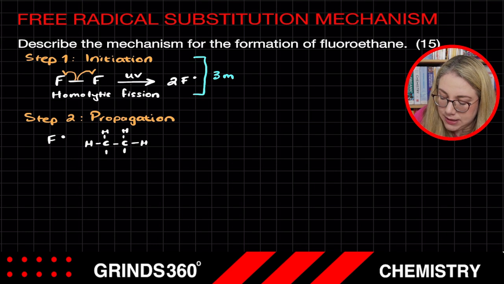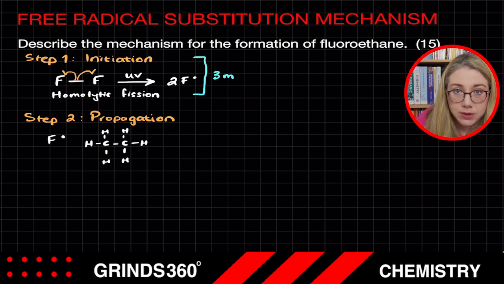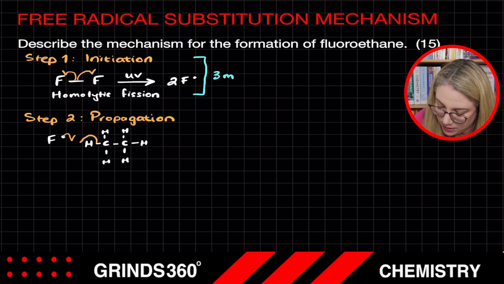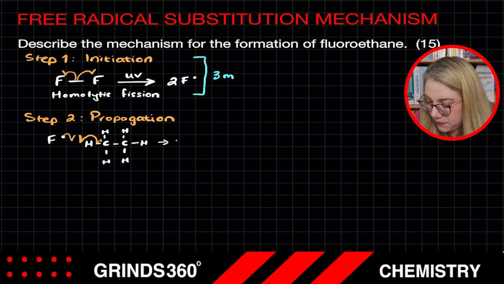Now here, it doesn't matter which hydrogen you pick. You can pick any of the hydrogens, they're all the same. So I'm just going to pick the one that's beside the fluorine. The unpaired electron from the fluorine comes in and we form a bond between it and one of the hydrogen atoms. The other electron in that bond stays with the carbon. This will form hydrogen fluoride, and now we have generated an ethyl free radical.